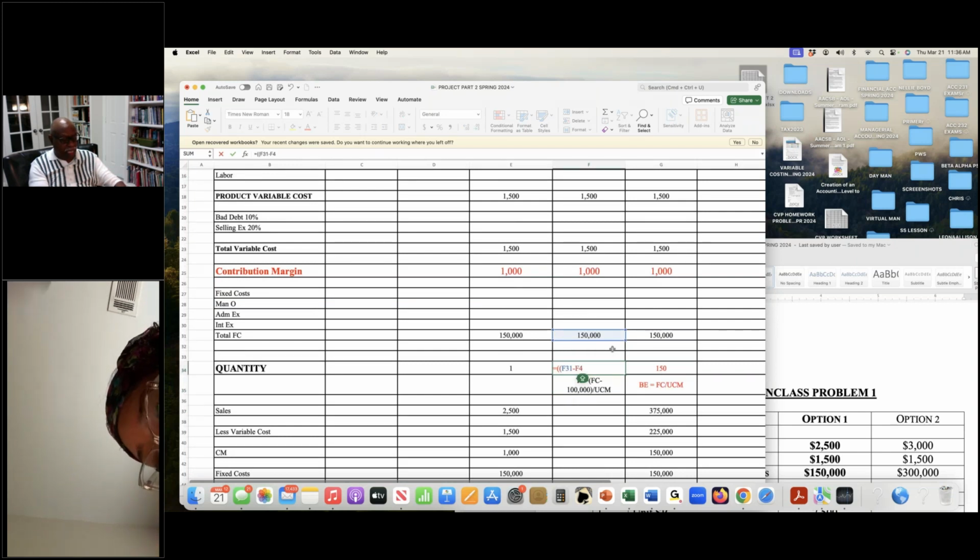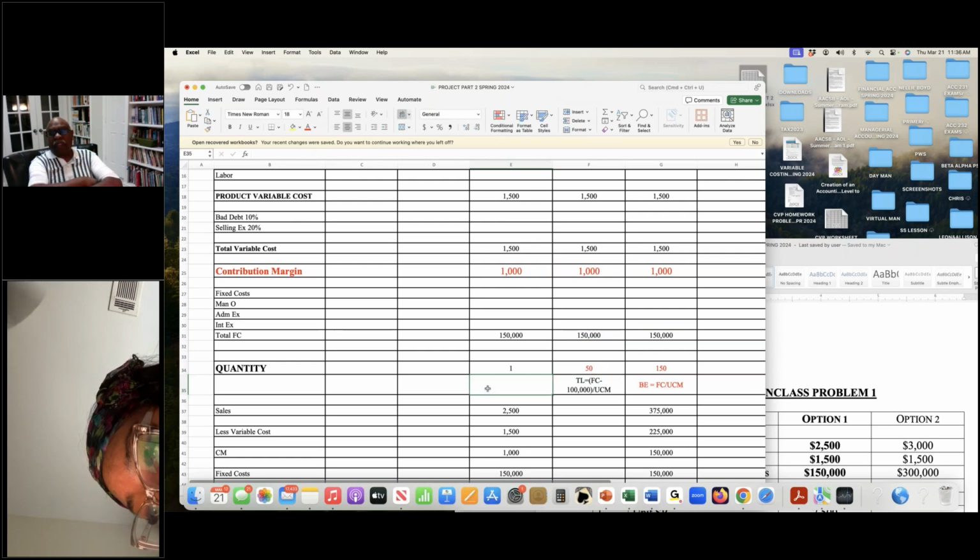Then I'm going to close that first parenthesis. Then I'm going to put a slash in here. I'm going to go back up here to this UCM. I'm going to close my parentheses again. There's 50. How about that?